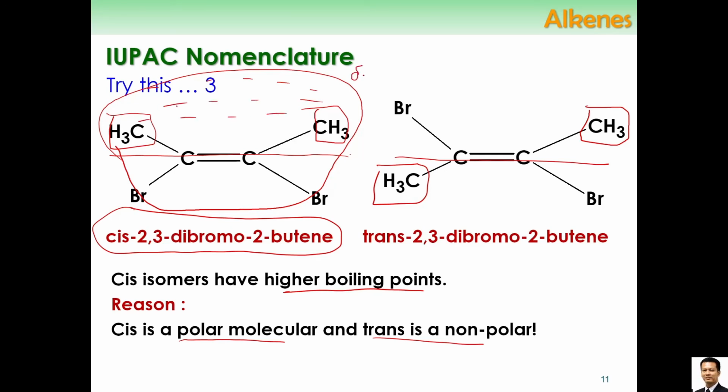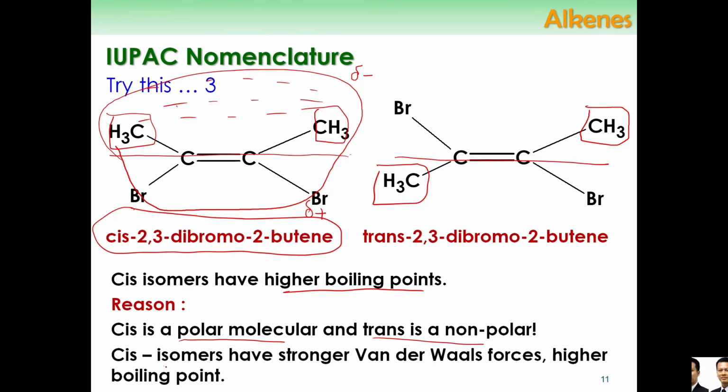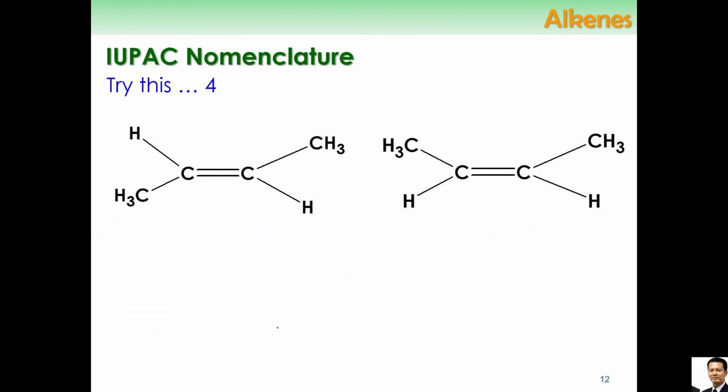So this one is partially negative, and the bottom here is partially positive. So cis is a polar molecule and trans is non-polar. So cis should have stronger van der Waals forces between the molecules, so a higher boiling point, because you need higher energy to break the strong intermolecular forces that exist between the cis molecules.